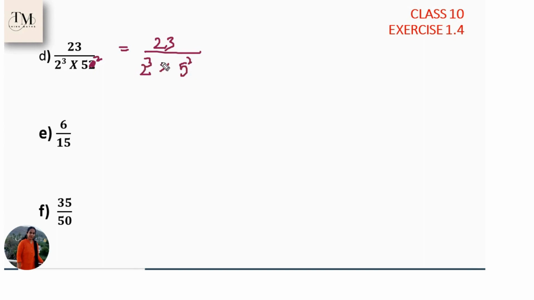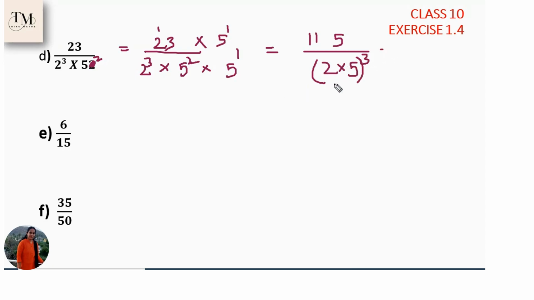So to equalize the powers, we have to multiply by 5 power 1. Okay. So 23 into 5 is 3 into 5, 15, balance 1, 2 5s are 10, is 11. Divided by 2 into 5. So the power value for both 2 and 5 is 3.